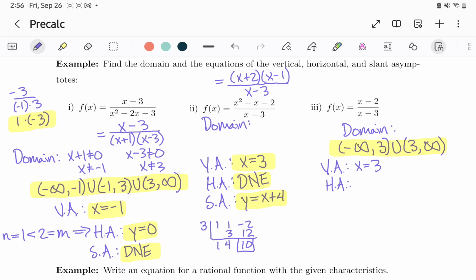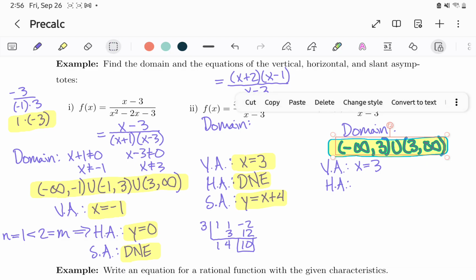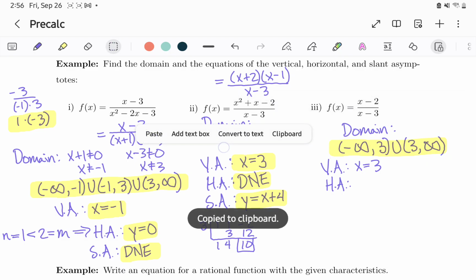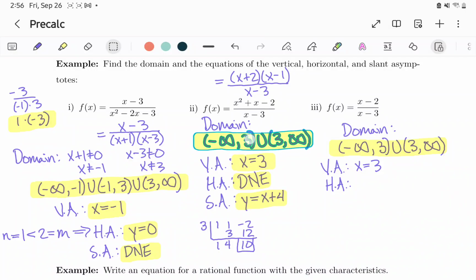So here we have, whoa, I thought I copied this. So here we have that the degree of the numerator is equal to the degree of the denominator.